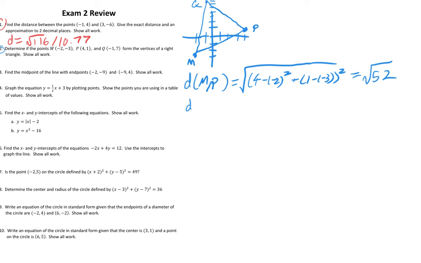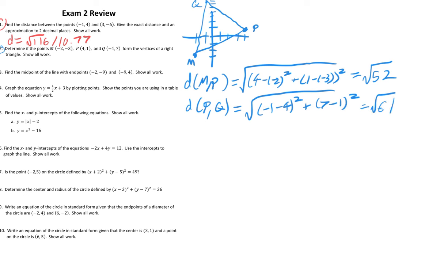Now we want to do d of P to Q, which is the square root of (-1 minus 4) squared plus (7 minus 1) squared. And this is going to leave us with the square root of 61.